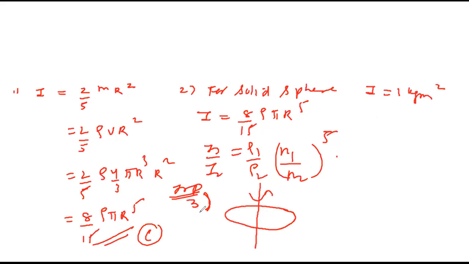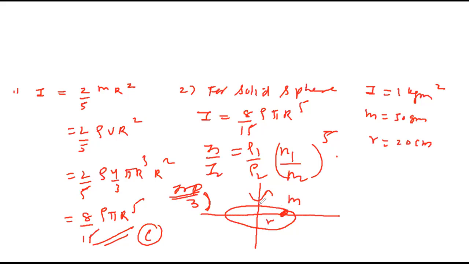A lump of molten wax having mass of 50 gram is dropped gently at a distance of 20 centimeter from the axis of rotation of the disk and remains stuck to it. Then the increase in moment of inertia will be how much?